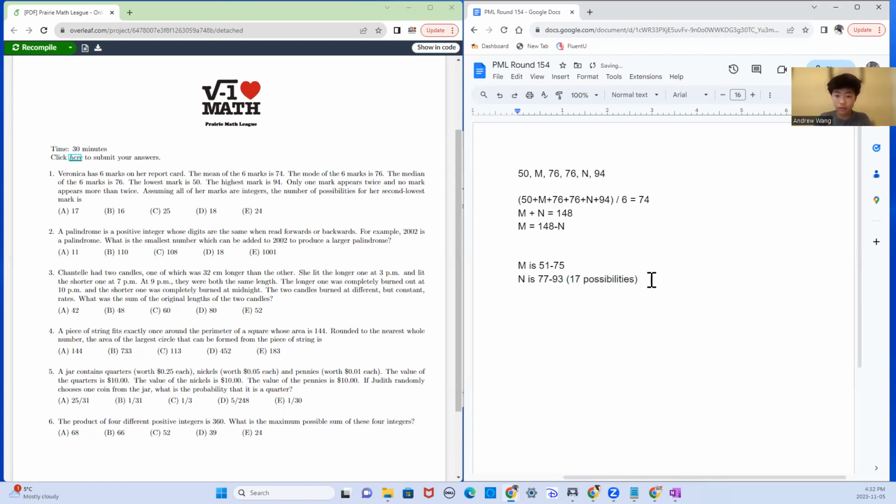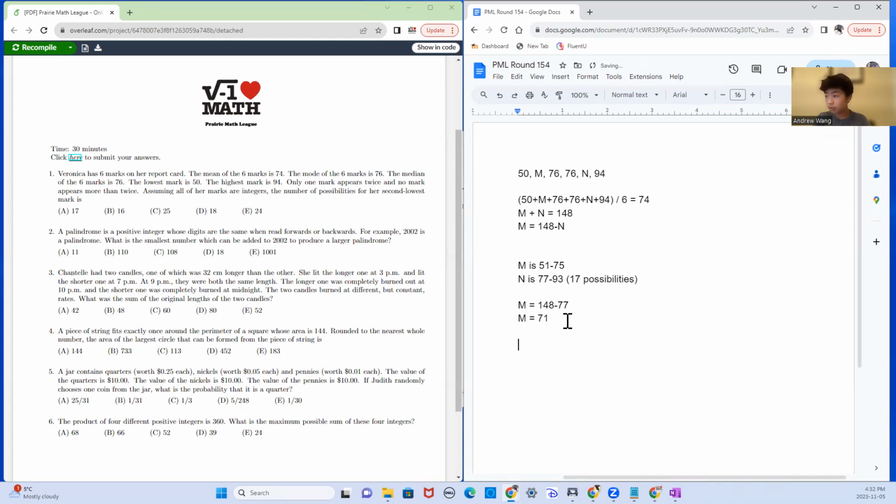When we take the largest value of M, that means we're going to be taking the smallest value of N. Let me just copy the equation down. If we put 77, that'll give us the smallest N value, and M will equal 71.